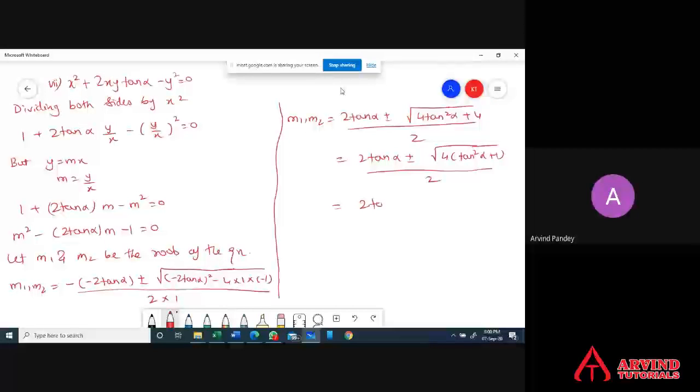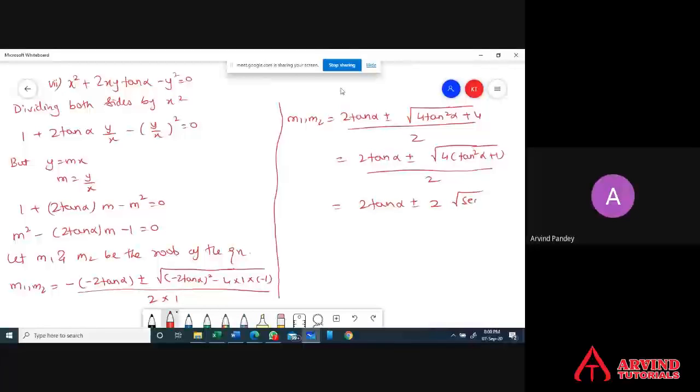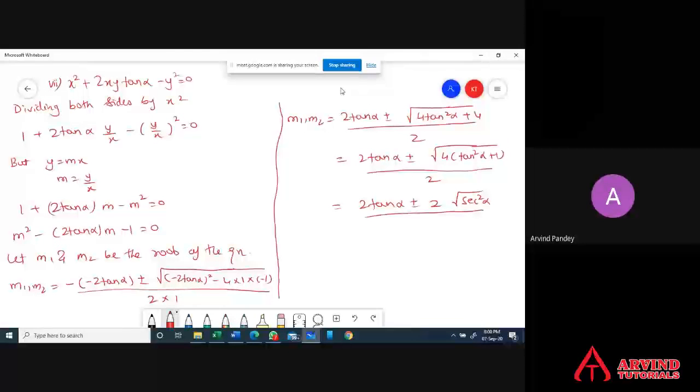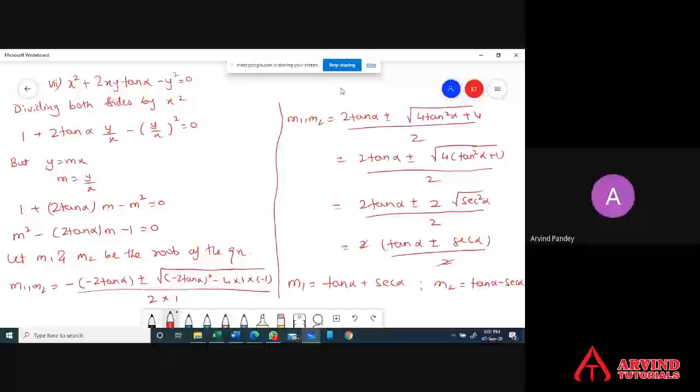So this is 2 tan alpha plus minus 2 root of sec square alpha upon 2. Take this 2 common, so this is tan alpha plus minus sec alpha upon 2. So these two would be cancelled. So your M1 is tan alpha plus sec alpha, and your M2 is tan alpha minus sec alpha.